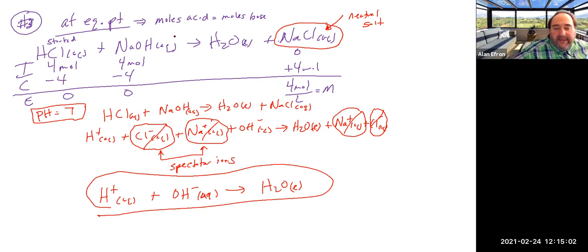Also why, when we hit exactly that equivalence point, we would expect it to be a pH of 7. So any titration involving a strong acid and strong base, once you reach that equivalence point, you should always be left with a neutral salt, which won't go through hydrolysis, and we would again expect it always to be at a pH of 7. Any question on what's happening at the equivalence point here?